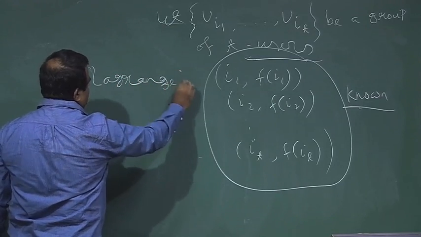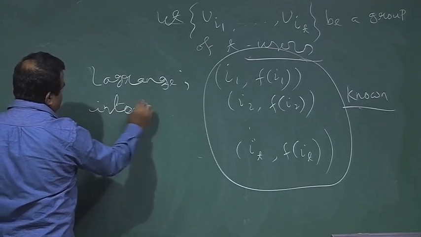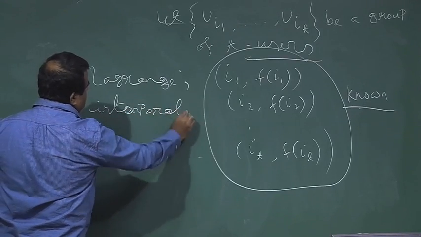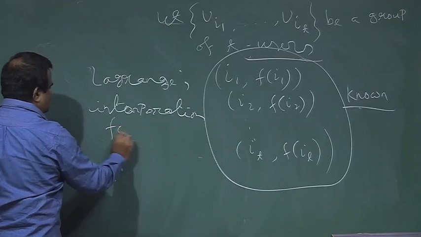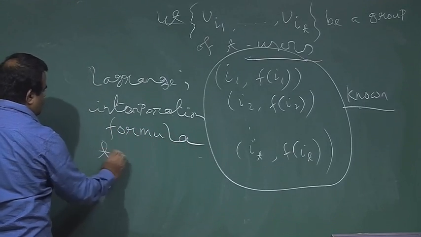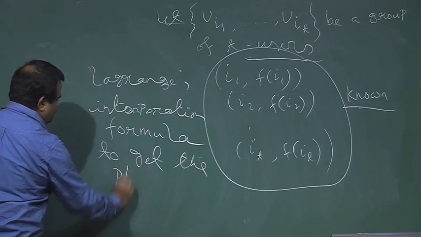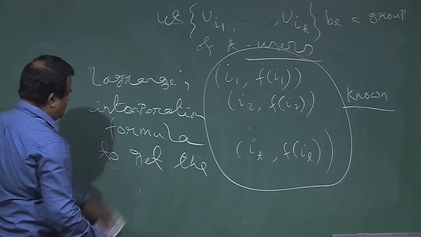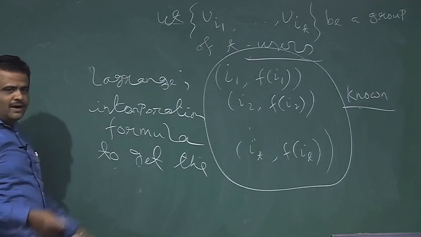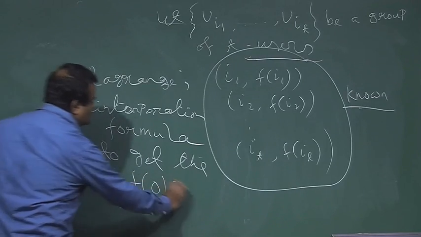Use Lagrange's interpolation formula to get the polynomial, or f(0), the polynomial value at 0. So, this is basically k.